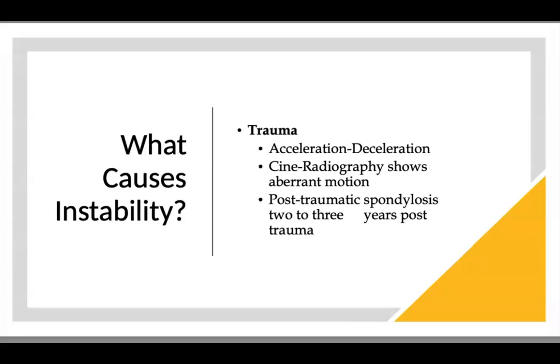Other elements of traumatic instability, we can have our acceleration or deceleration mechanism, our coup contra coup. This is talking about our whiplash. Different types of x-rays can show us aberrant motion or changes in motion.